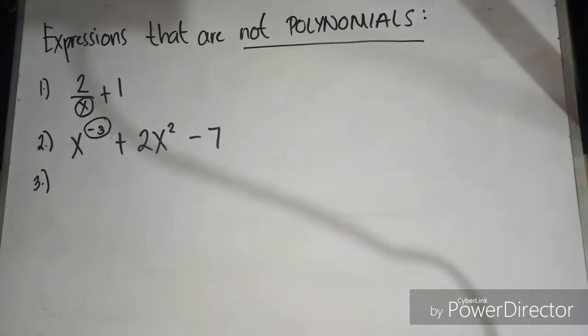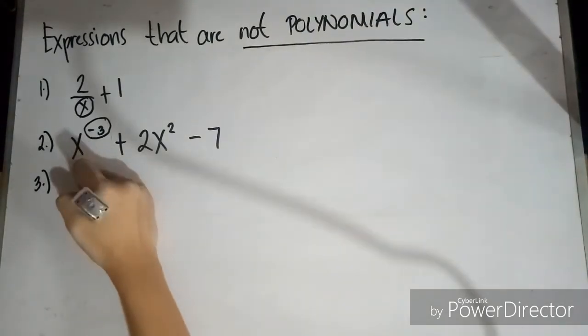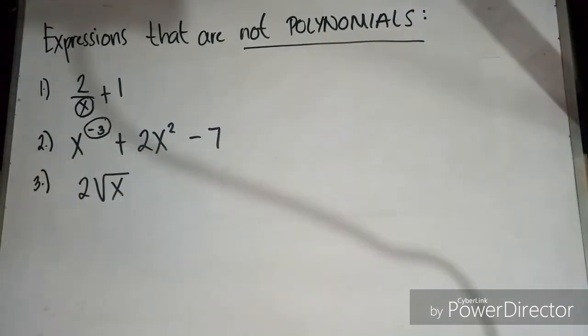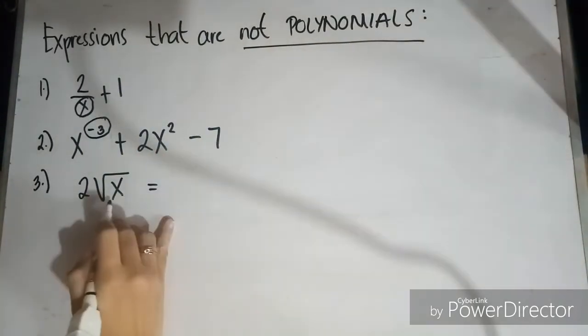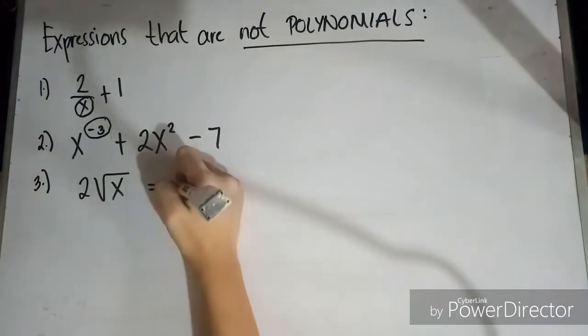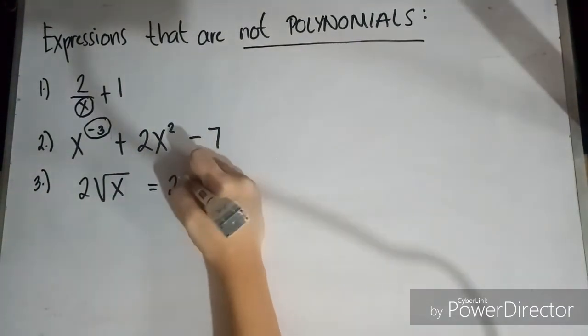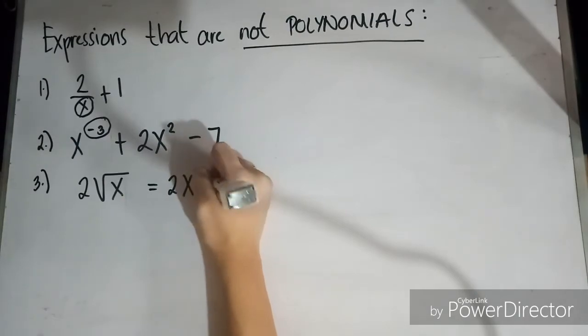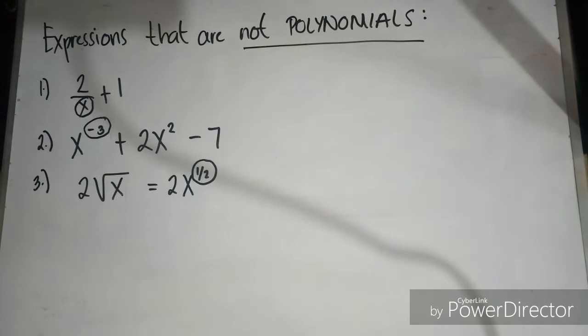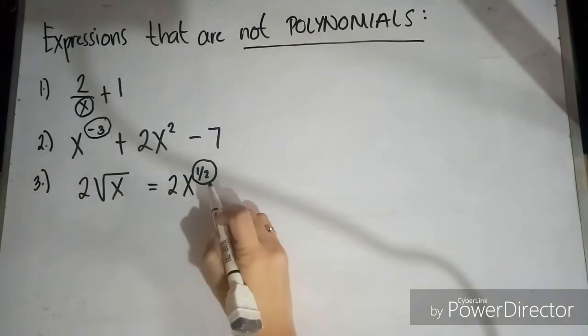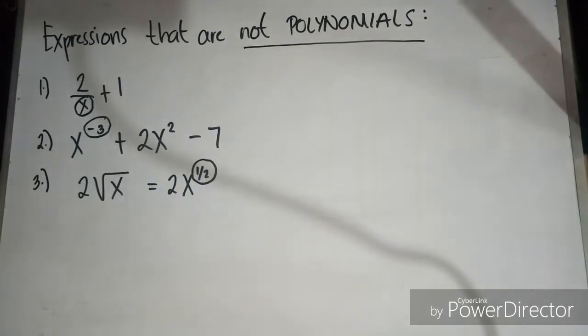Number 3. 2 square root of x. If I rewrite this in exponential form, the square root of x will be 2 times x to the power of 1/2. In a polynomial expression, the exponent should not be fractional. Therefore, this is not a polynomial expression.